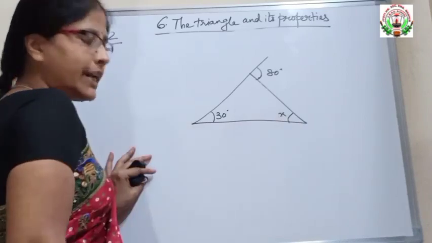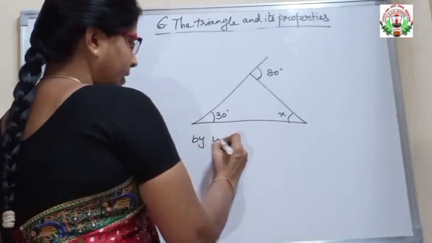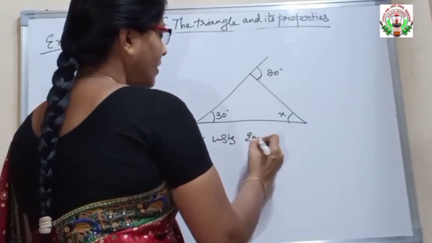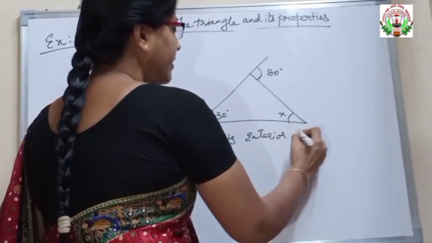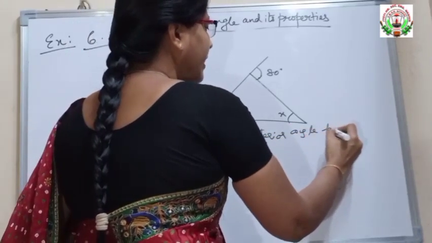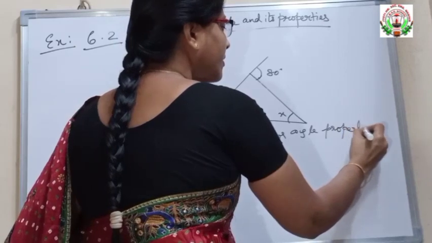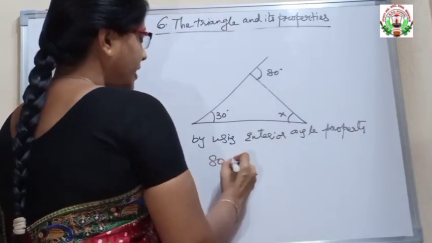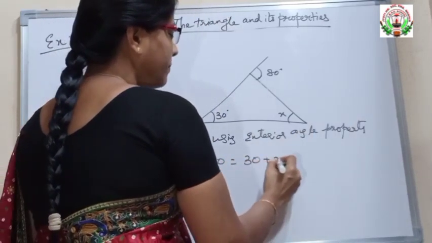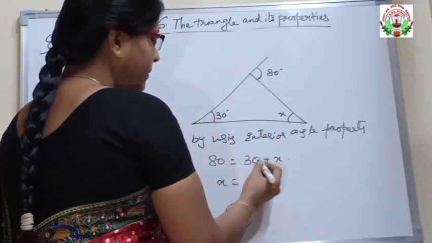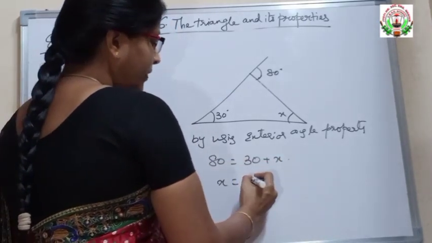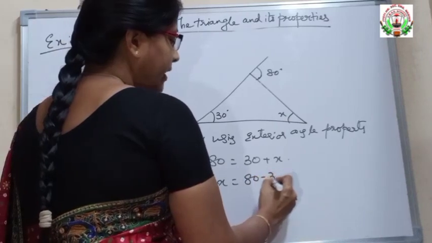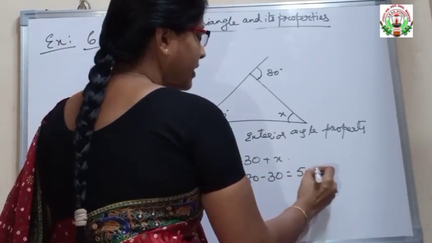Again we have to find the value of X by using exterior angle property. Again 80 will be equals to 30 plus X. Again X will be, I am going to take it to 80, 80 minus 30, that is 50 degrees.